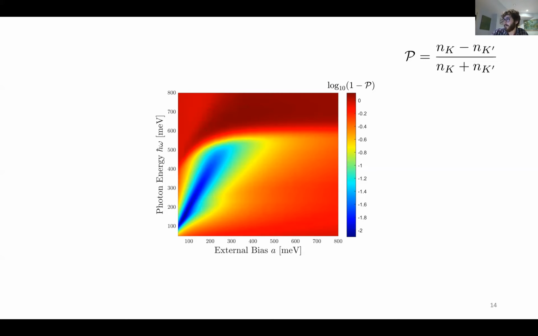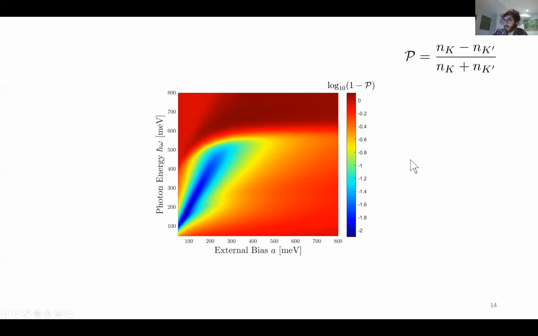Now, the valley polarization is defined by this expression up here, where n sub k is the carrier density around the k point, and n sub k prime is the carrier density around the k prime point. So we take the difference and divide it by the sum to get a measure of the valley polarization.